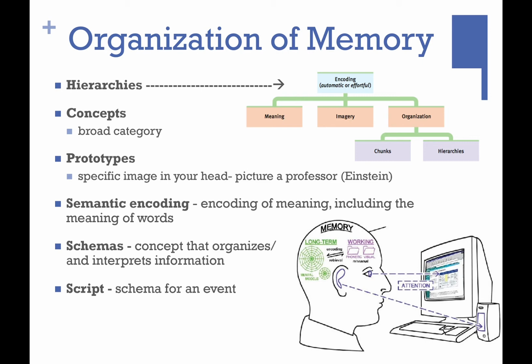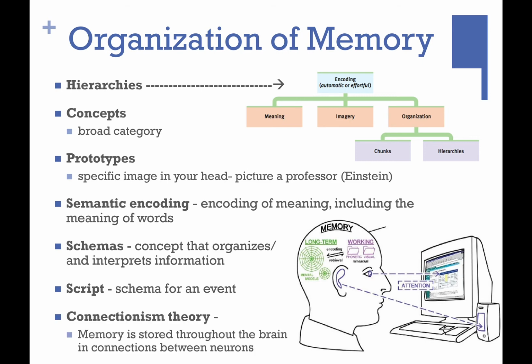You go and sit down in class, and you get a writing utensil out, and you kind of shuffle through and get settled in. These are all scripts that you kind of adhere to. And we have gender schemas, gender scripts, social and cultural, environmental. All of those things are based on your schemas that you've learned. Connectionism theory, this is a term that you see often on previous tests.